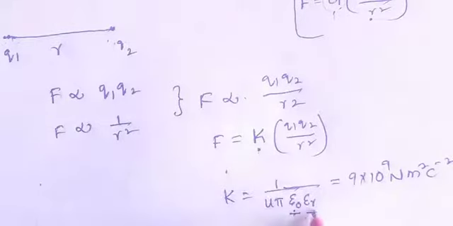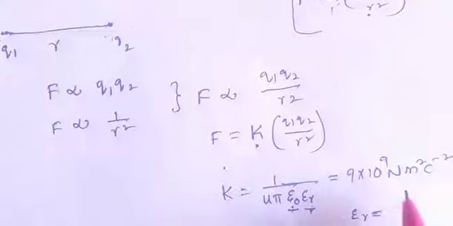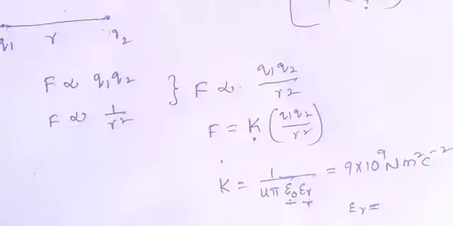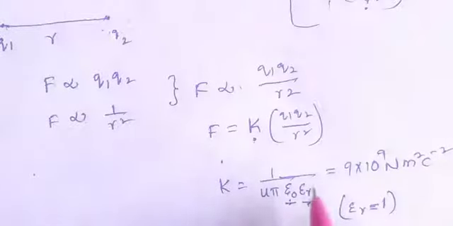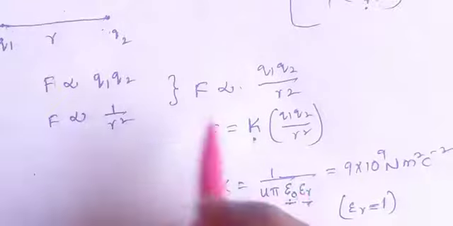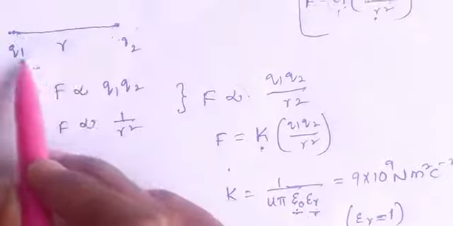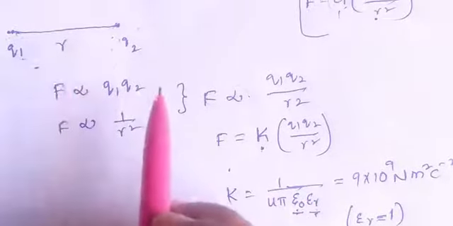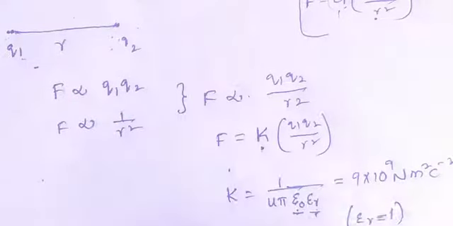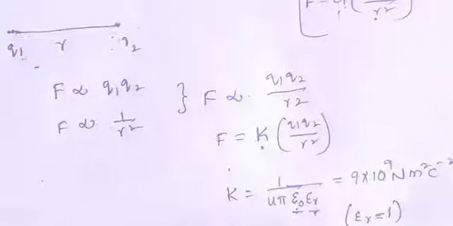Then epsilon r will become 1. If the medium between those two charges is air or space, epsilon r will be 1. If we have another medium between the charges, then epsilon r will be greater than 1.